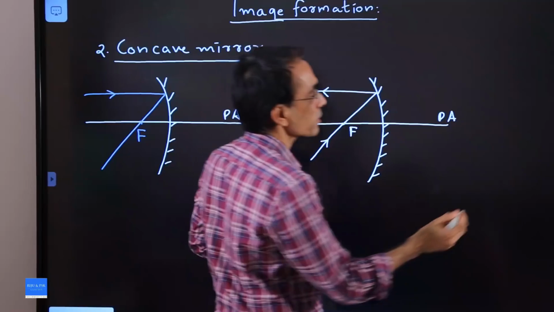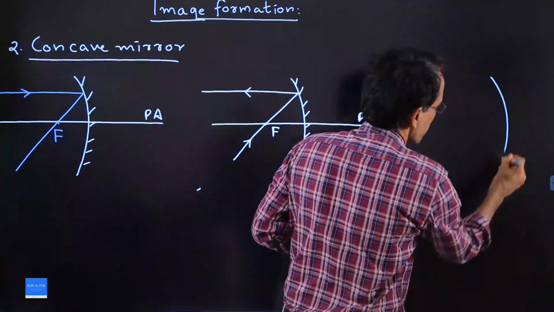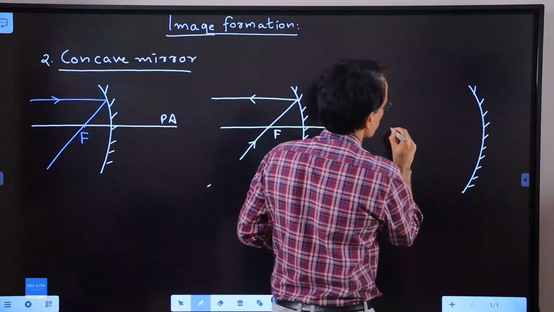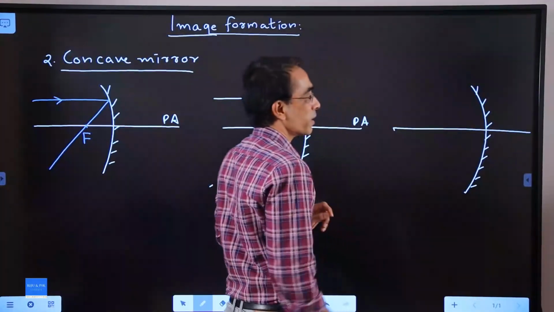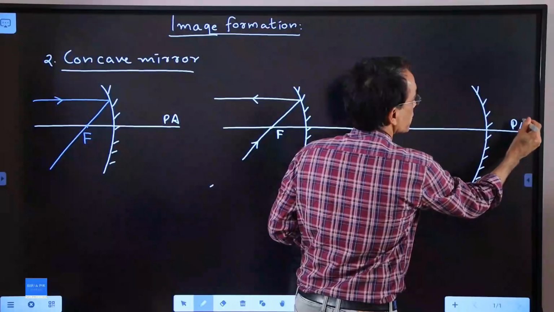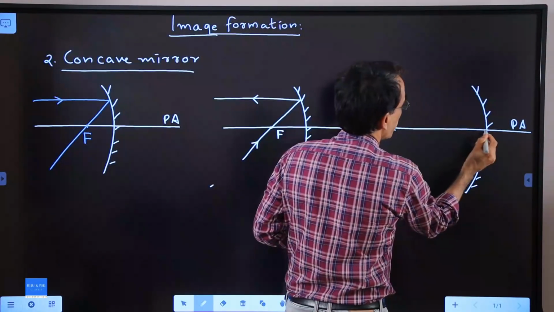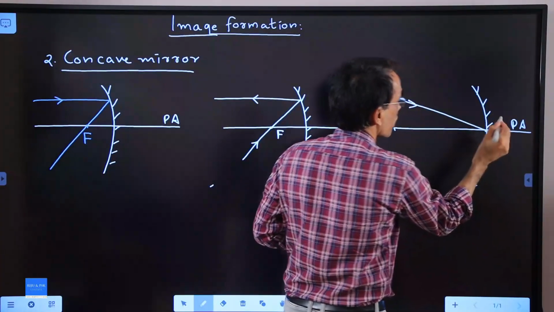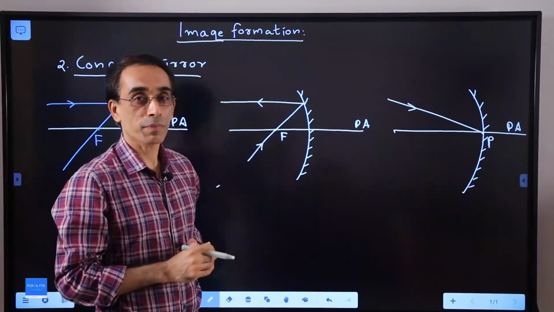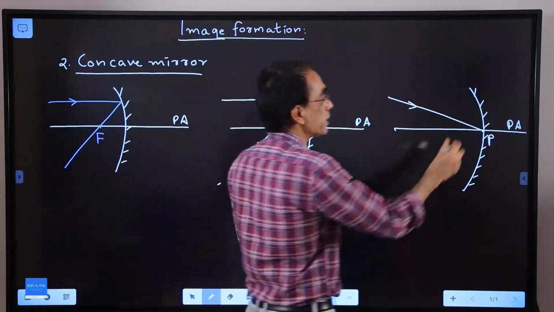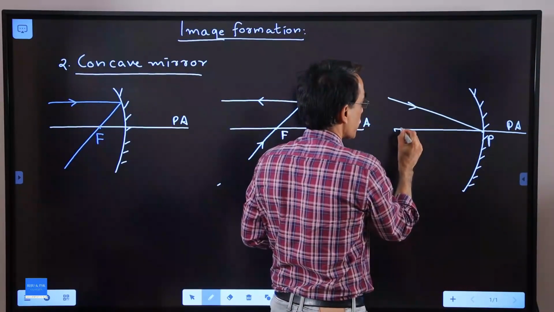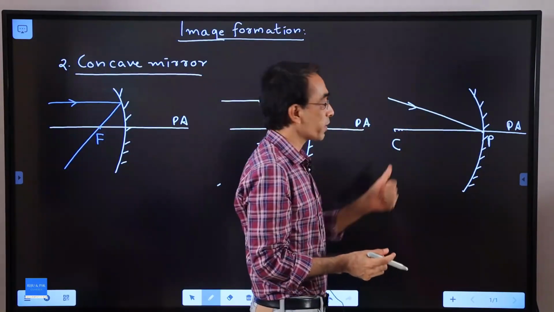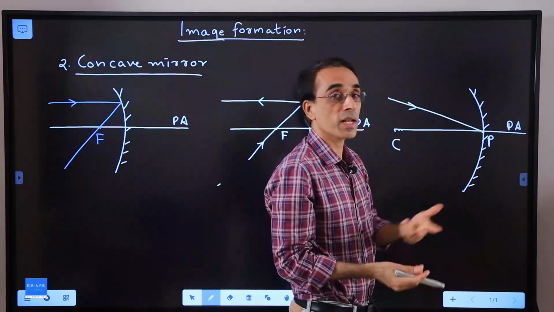In the third point, you have your concave mirror. This is principal axis. Consider one light ray which is going to the pole. What will happen if it is going to the pole? You should remember that this is a spherical surface and there is the center of curvature. So this become a radius, and we know radius is actually normal at that point.